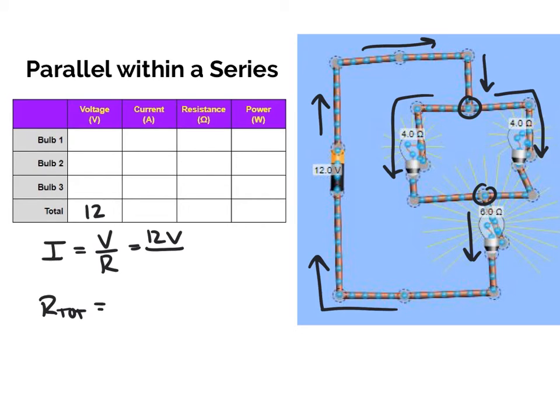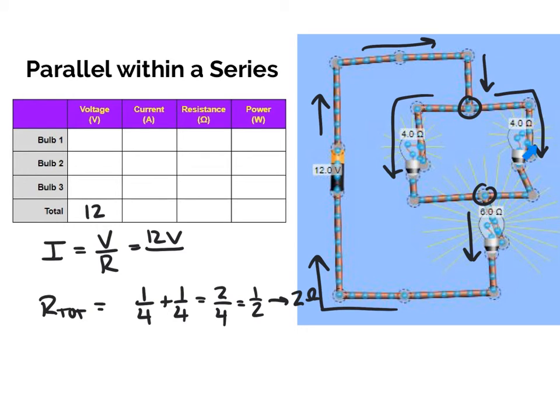So notice first, when the current reaches this junction, it splits off into 2 parallel bulbs. Well, I know that for 2 parallel bulbs, they're going to add as inverses. So I have 1 over 4 plus 1 over 4, which is going to give me 2 over 4, which simplifies down to 1/2, which means that their overall resistance is going to be 2 ohms.